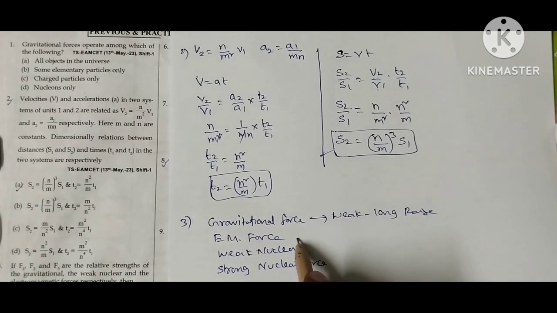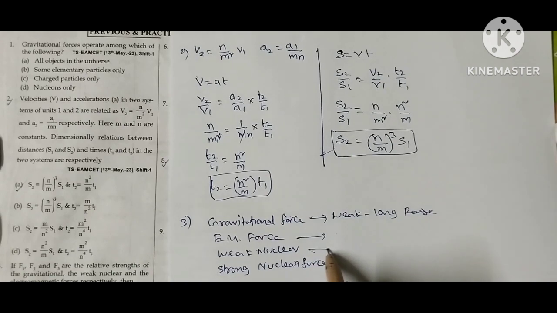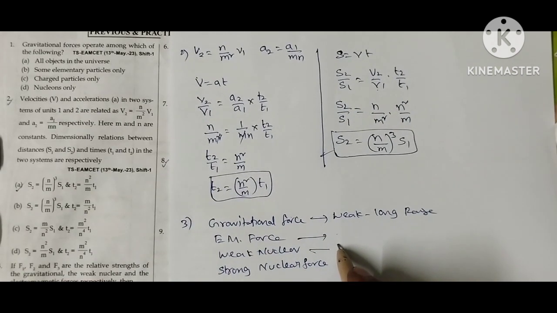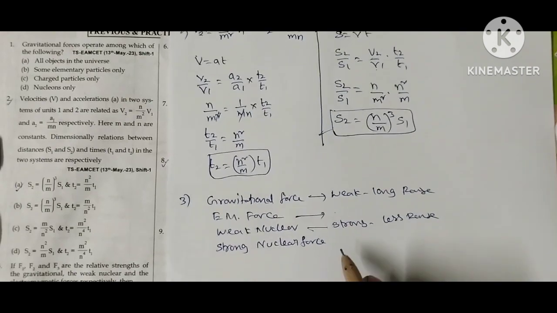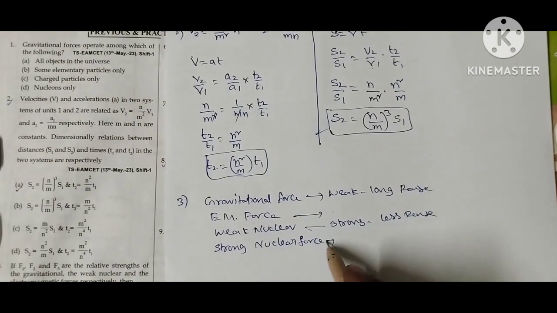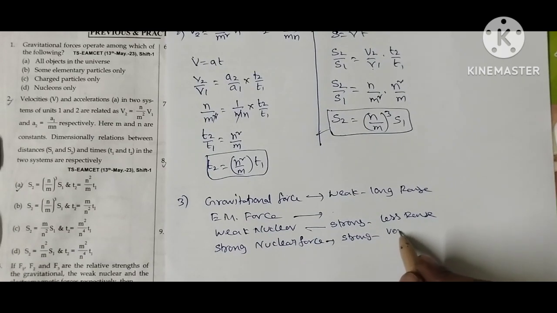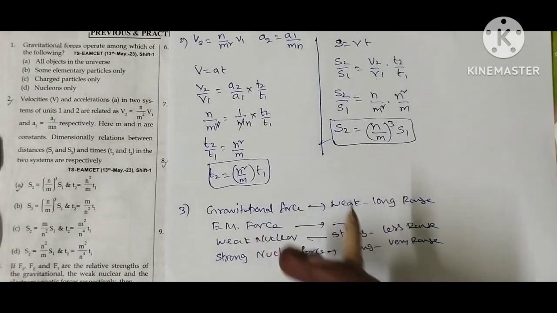Electromagnetic force has a somewhat shorter range, whereas nuclear forces are strong forces but with a very short range. Similarly, the strong nuclear force is very strong and has a very short range. So this is about the properties of the gravitational and electromagnetic forces.